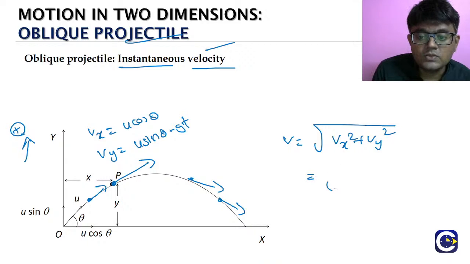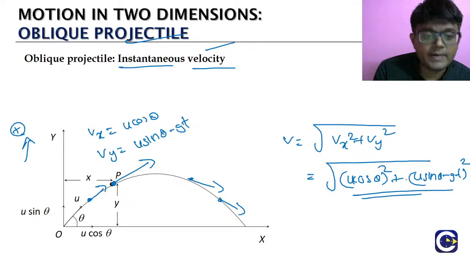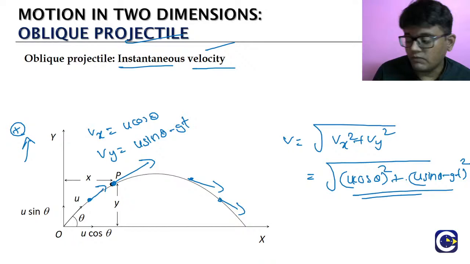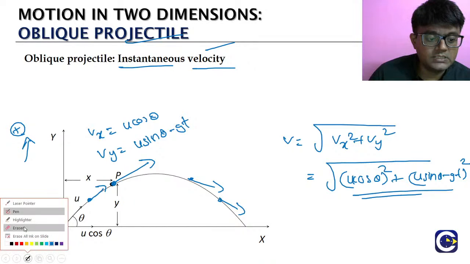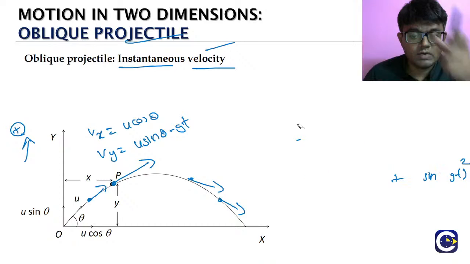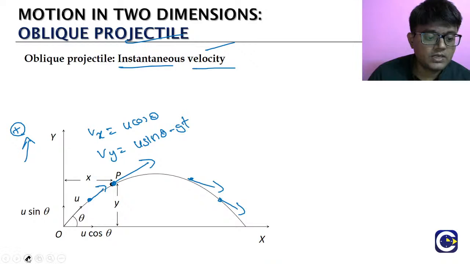Look here, so it comes as root of (u cos theta) square plus (u sin theta minus gt) square. We need not simplify this, but just remember: if you want the total velocity at a general time t, it is given by root of vx square plus vy square. This is how we get the value of the total velocity.